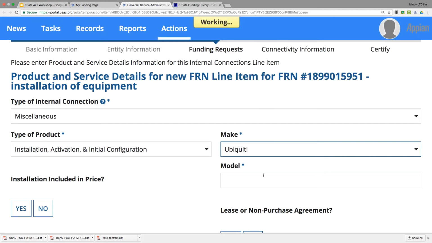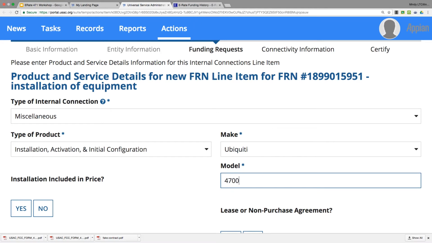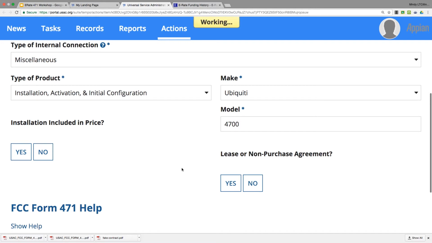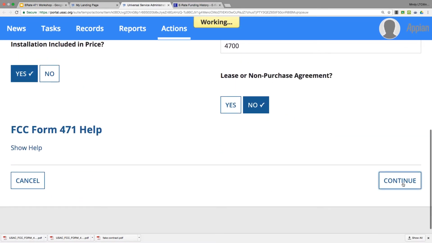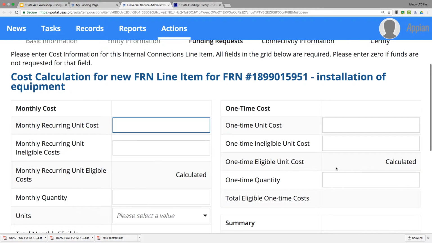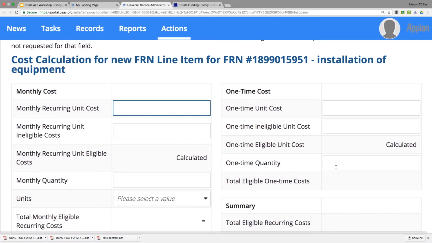So I'm going to pick Ubiquiti, and I'm going to say 4,700 because that was my most expensive thing. It is not a lease, and installation is, I guess, included in the price because it is installation. Those answers pop up either way. And this is a special circumstance. So I do have an E-Rate vendor, Charlie Incorporated, who's going to install it all for me, but I bought all of my stuff from CDWG.